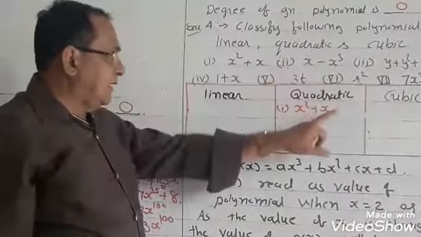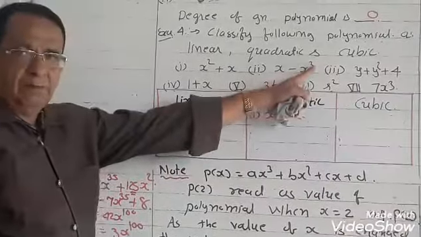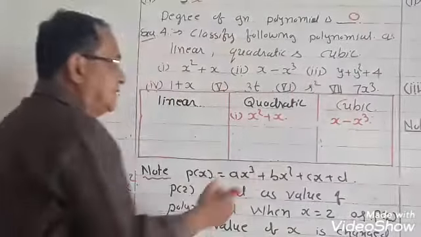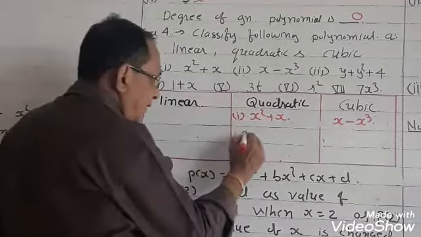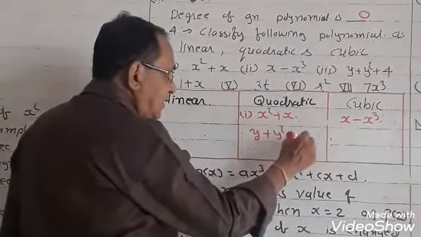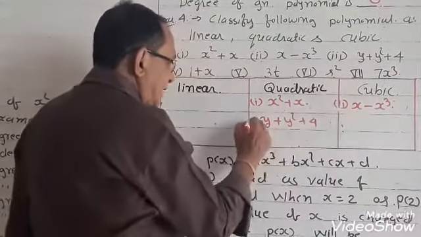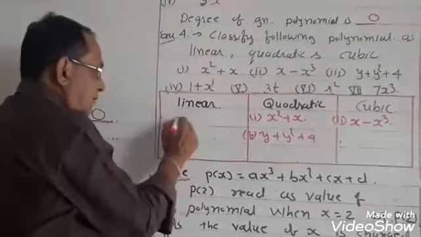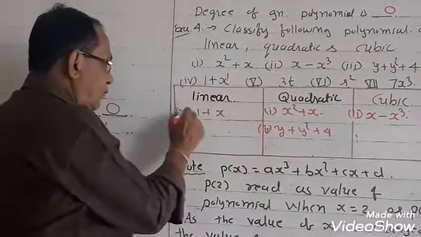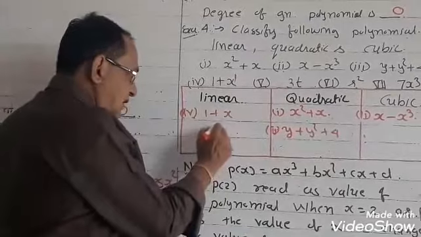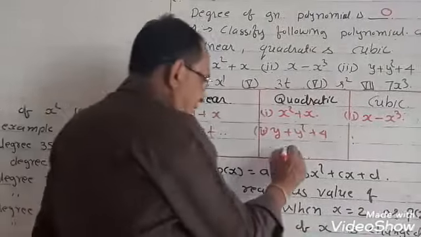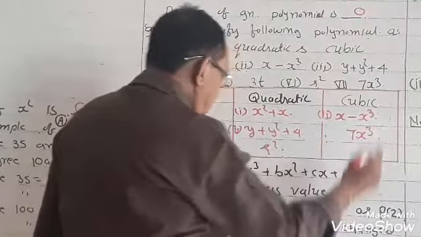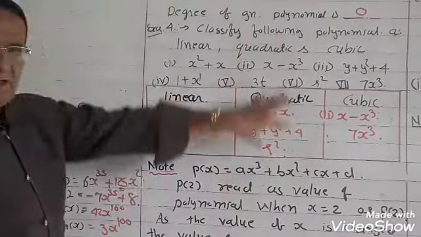Second, x minus x cube. x cube, degree of polynomial 3. y plus y square plus 2, quadratic. y plus y square plus 4, that is your second, that is your third. 1 plus x, that is your fourth. 3t, it is also here, linear. r square here, and 7x cube, it will be here. That is your answer. Get it? We have classified it.